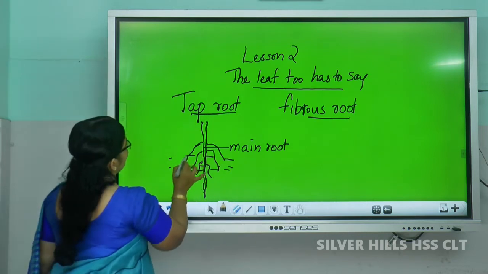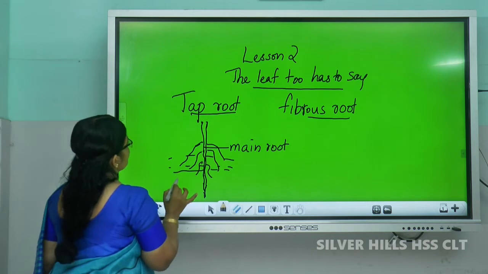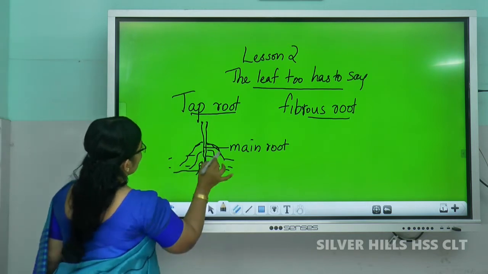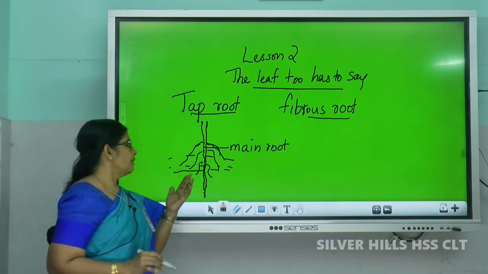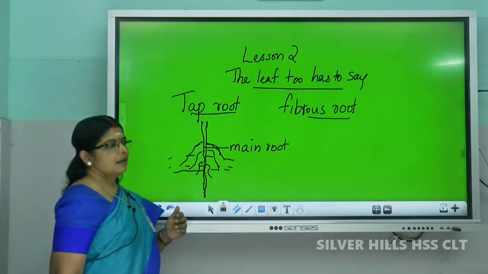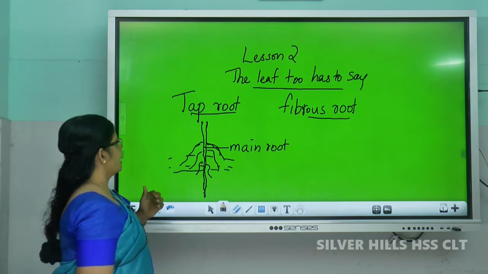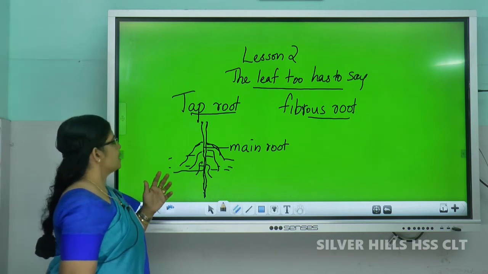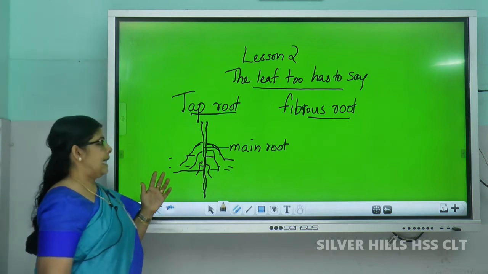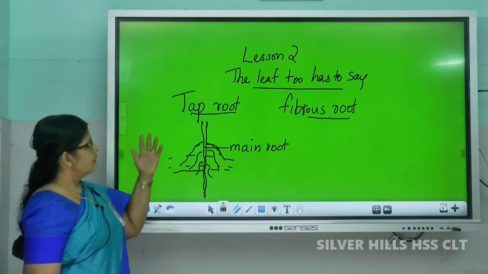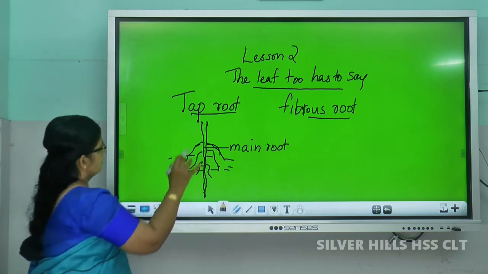And hair-like roots also grow from both the sides of the main root. For example, plants like tulasi, then mint, and trees like mango tree, jackfruit tree, papaya, guava, carrot, all these have taproot system or taproot.